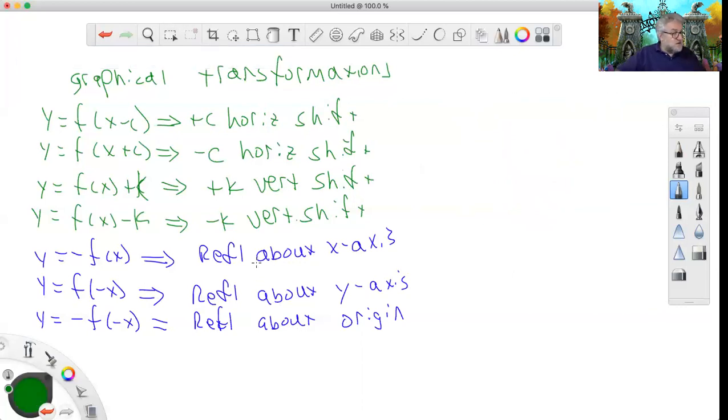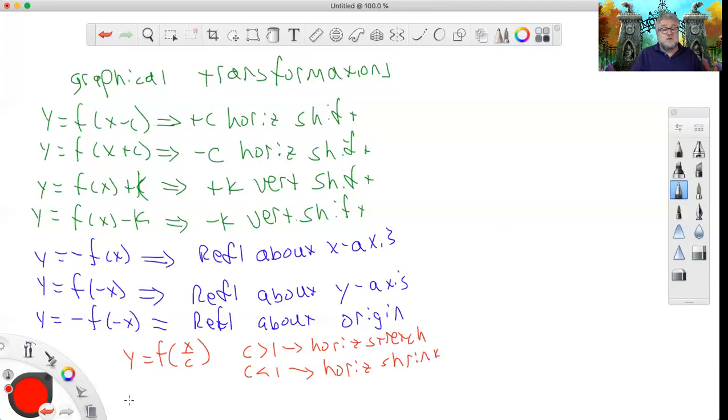Okay, now we got, still doing it by memory here, of course, the stretches and shrinks. Y equals f of x over c. If c is greater than 1, then this is a horizontal stretch. If c is less than 1, then it's a horizontal shrink.